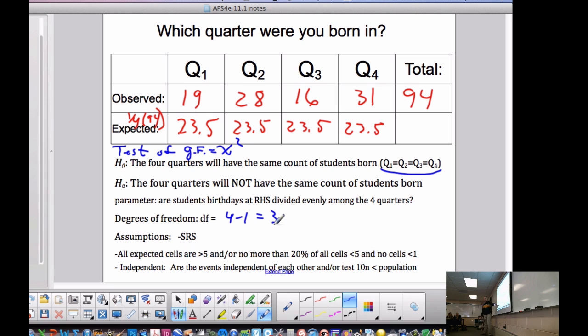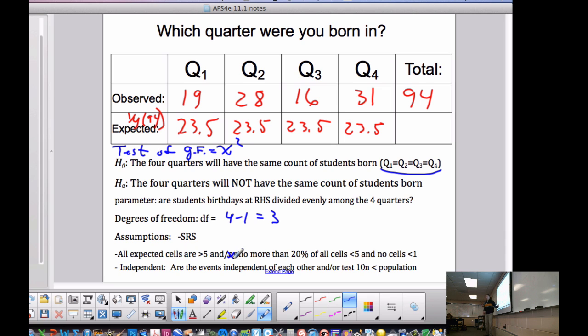Okay. Next one. Are all expected cells greater than 5? The reason I have "and or" is you don't really have to worry about it, just "and." If you do have anything that's less than 5, then you have to make sure you fix it, all right? Or we could have 20% or less of all cells, and absolutely nothing less than 1. Let's go back up here.